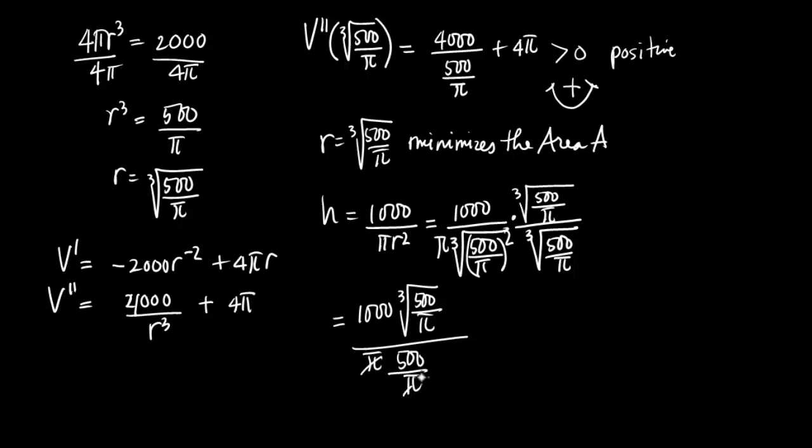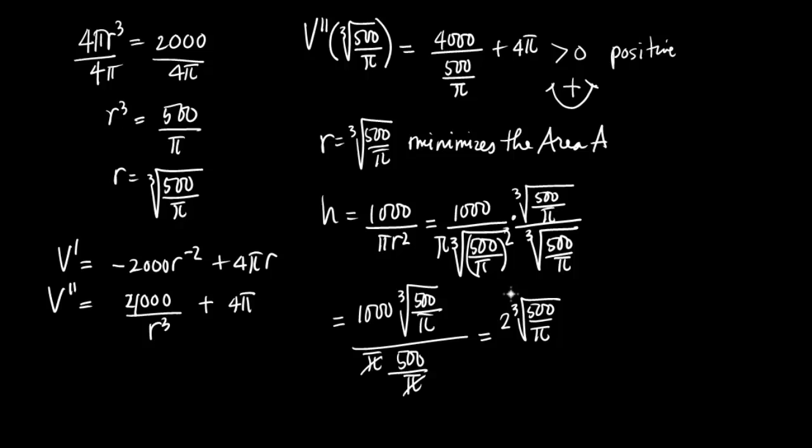So cancel that, and so 500 goes into 1,000 twice, so you have 2 times the cube root of 500 over pi.